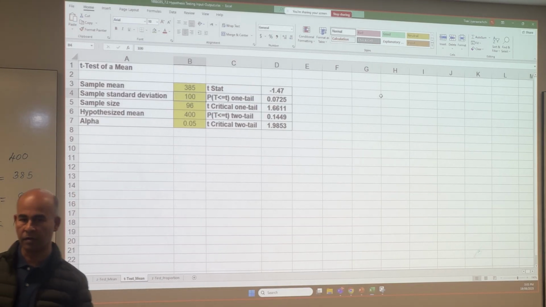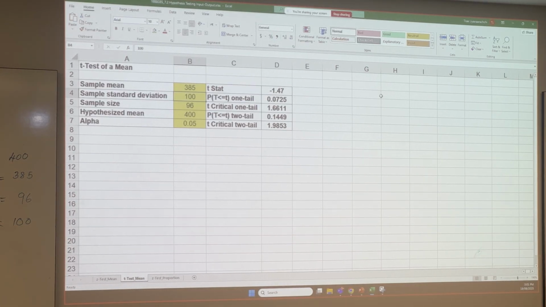Again, what is your conclusion? I know you're confused, so draw this. It's two-tailed, so the critical value is 1.98, and this is minus 1.98. This is the H naught acceptance area.